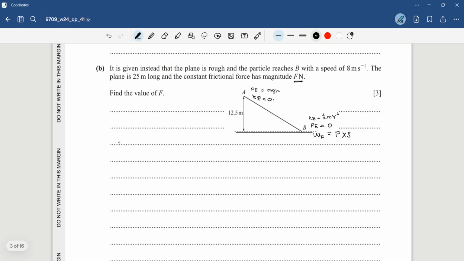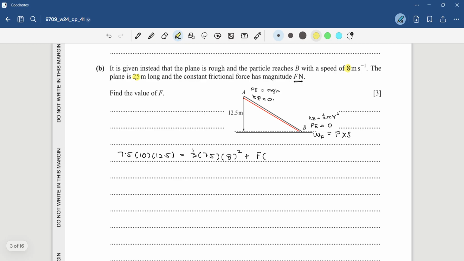Okay, so mgh, where m equals 7.5, g, h is equivalent to half m v square. The question mentioned the v is 8. So it's 8 square plus the work done by the frictional force, which will be F multiplied with S, and the S, the distance of this plane AB, will be 25.